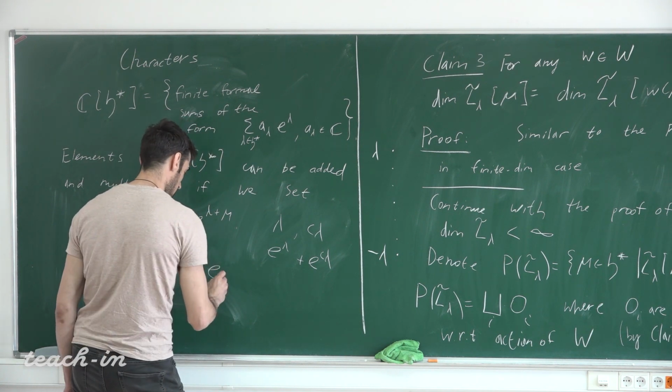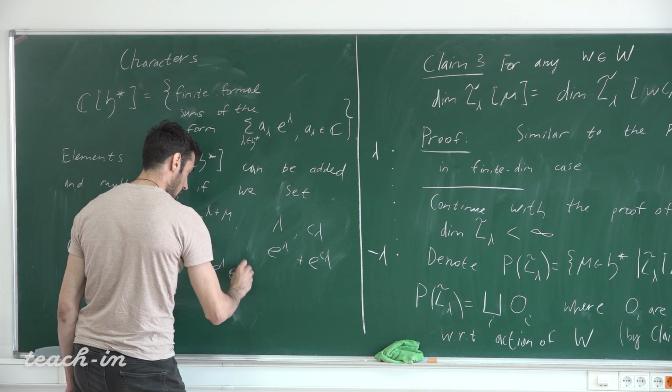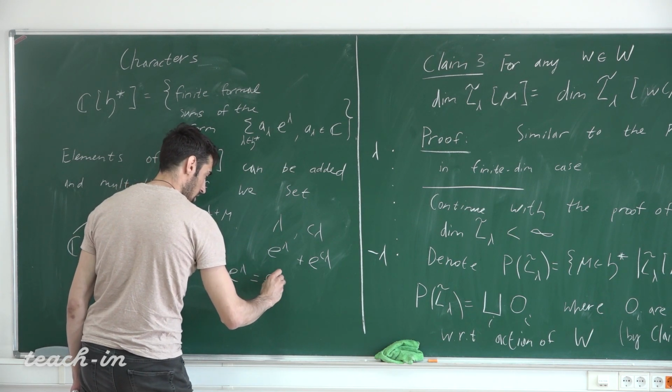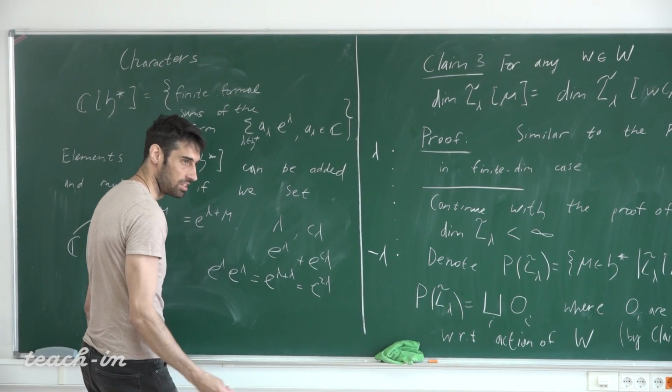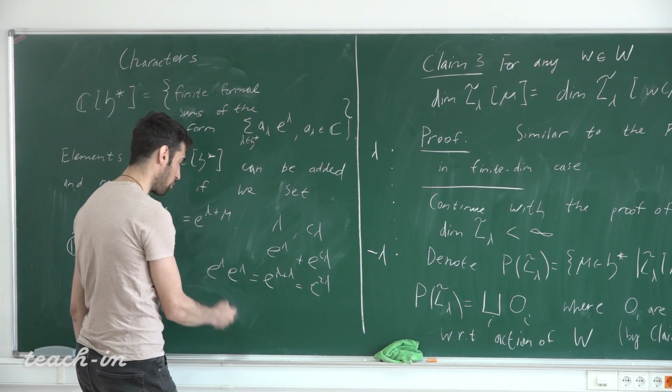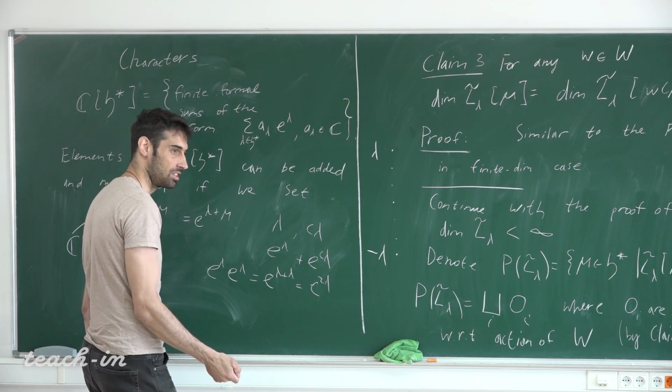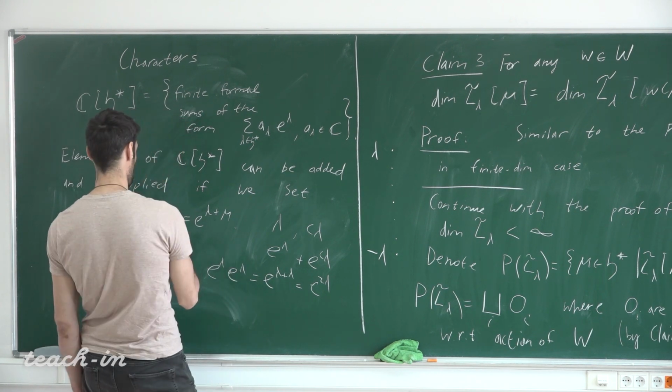So if you take e^lambda times e^lambda, then by our definition it's e^(lambda plus lambda), so it's e^(2 lambda). And for each natural number it is consistent, just because you have this rule.